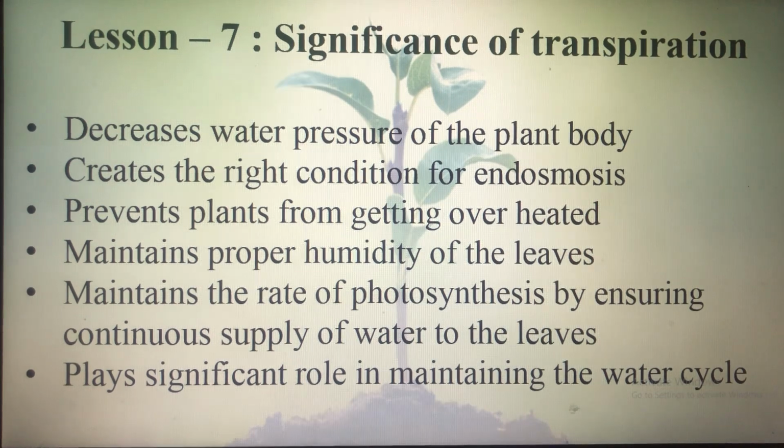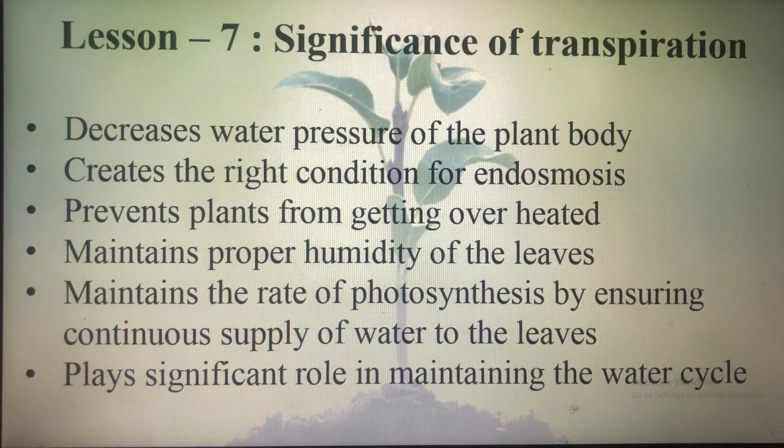So next we're going to discuss the significance of transpiration. Transpiration decreases water pressure of the plant body. So of the amount of water that plant absorbs during absorption, a very limited amount is used during photosynthesis. So due to transpiration, this water comes out of the plant body and thus decreases water pressure.